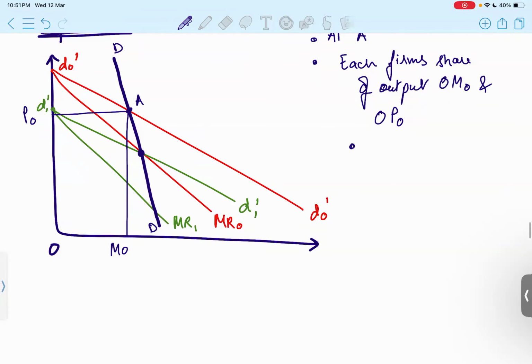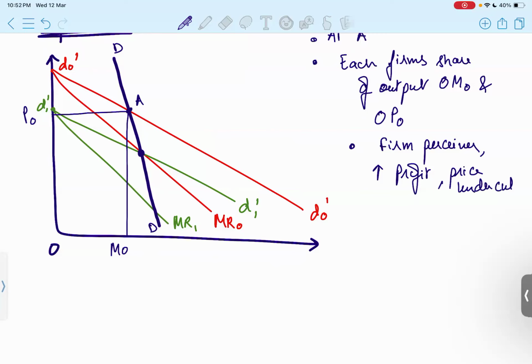Now the firm will perceive that an increase in profit can be made by undercutting the price, because every firm would want to maximize its own profit. That is the sole aim. To increase that, the only option in front of them is price undercutting.